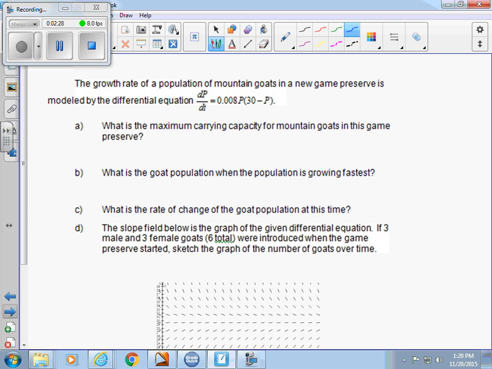The growth rate of the population of mountain goats in the New Game Preserve is modeled by this differential equation. What is the maximum carrying capacity? If you know the logistic curve, that's just a matter of knowing what the 30 means, right? Because 30 is the limiting factor, and what that means is the maximum goats this preserve can hold is 30 goats. So the answer there is 30.